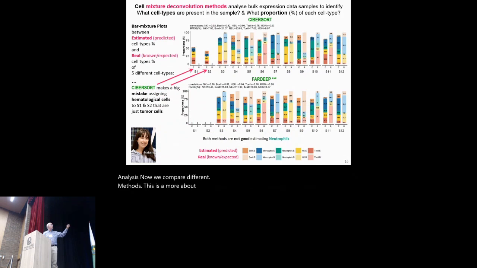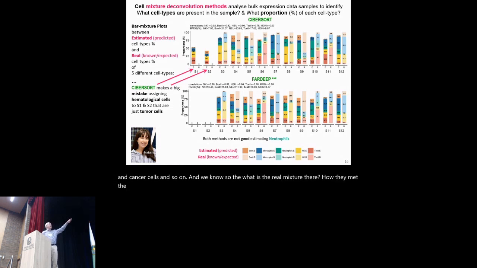methods. This is more about algorithmics, but what we can say is that, for example, CyberSort, when this is a data set where we have the reference, because it's a produced data set where they have put a certain amount of tumor cells, a certain amount of B cells, T cells, NK cells, and so on. And we know what is the real mixture there, how the methods perform.